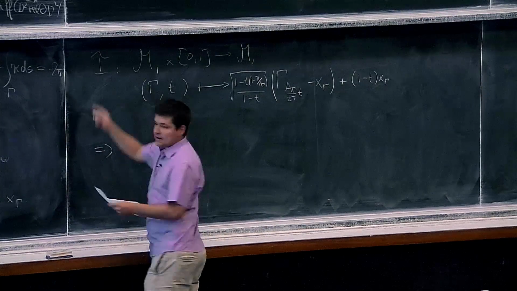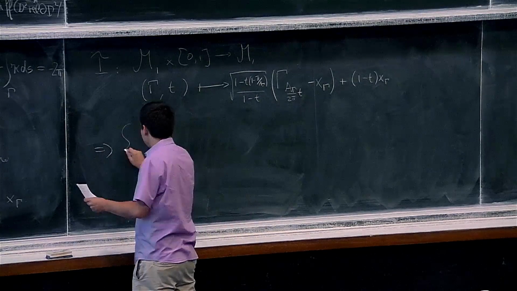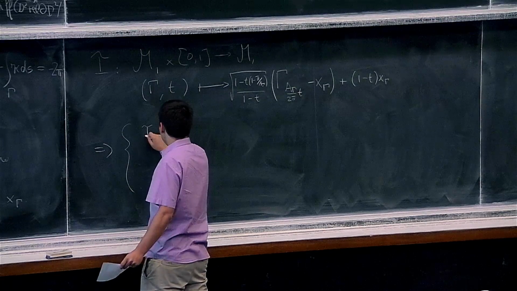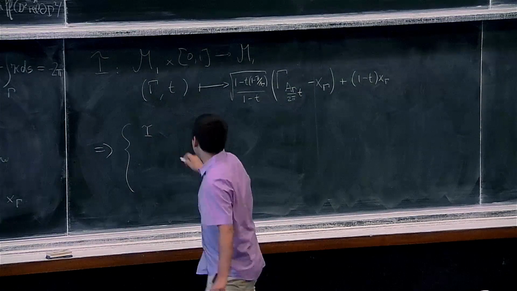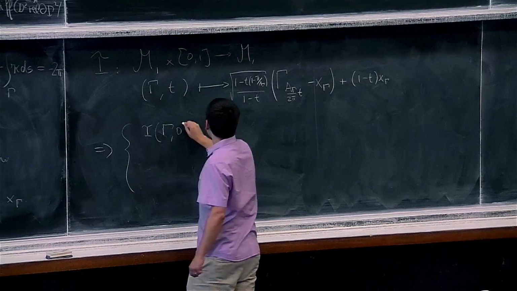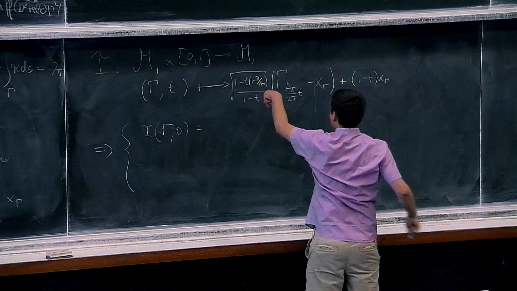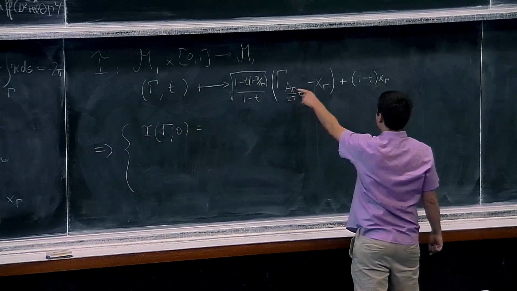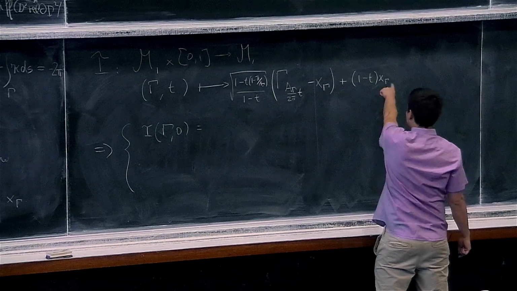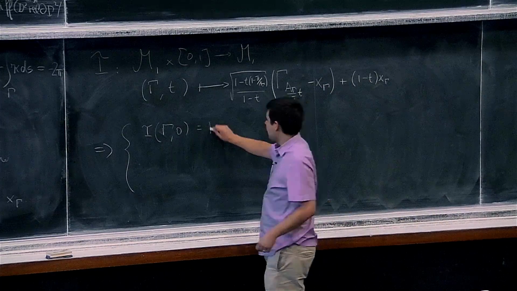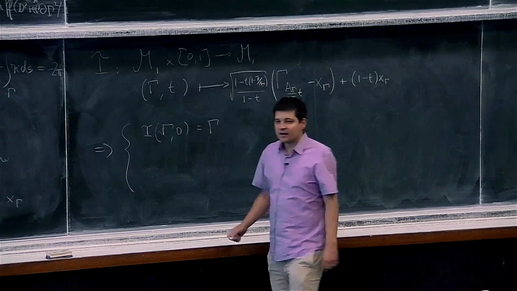If you define the map I this way, then first of all, I of gamma comma 0 is just the curve gamma we start with.